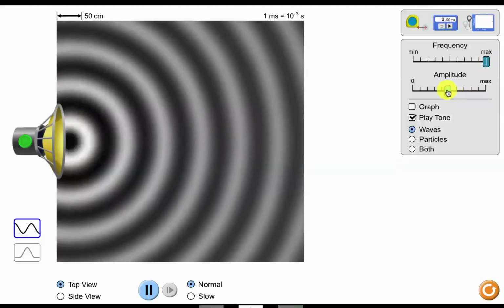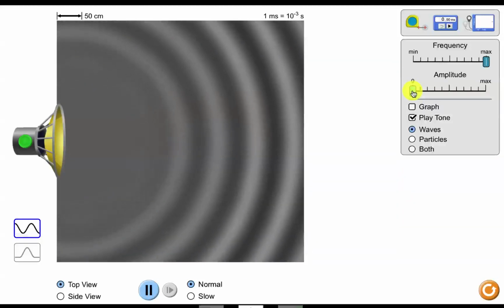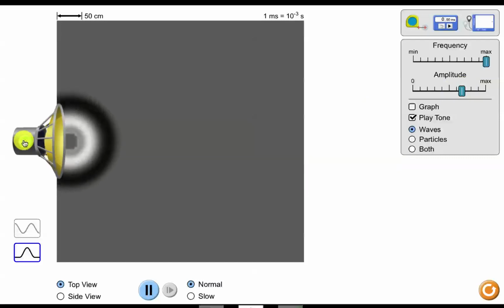The amplitude can become so small that at the end there's nothing. I can also, instead of asking it to put out a continuous wave, put out a pulse. So let me put out a pulse here with some reasonable amplitude, and let's see what that looks like.